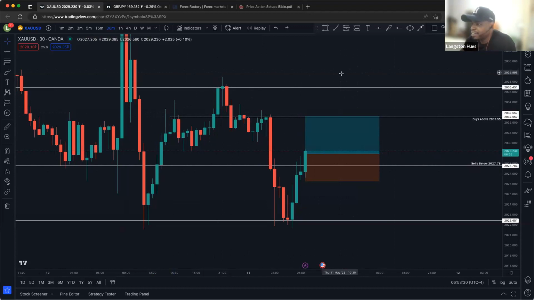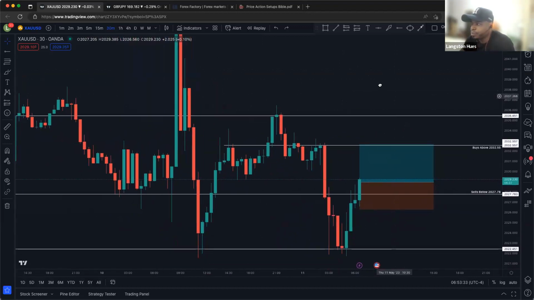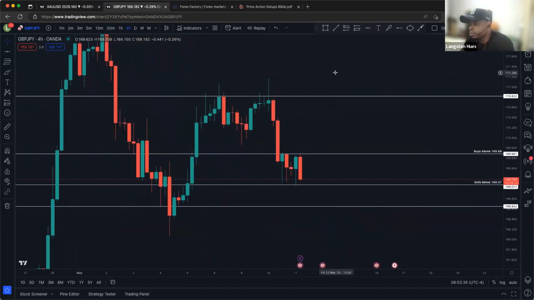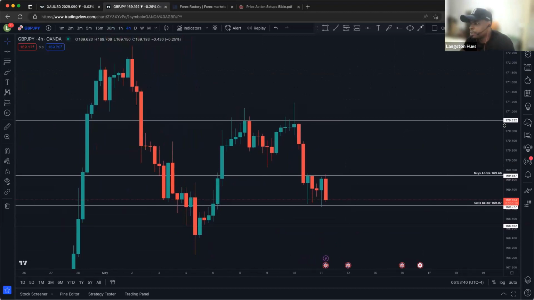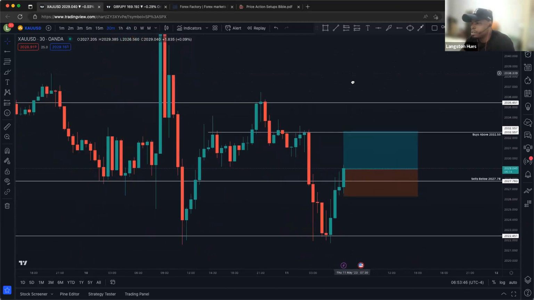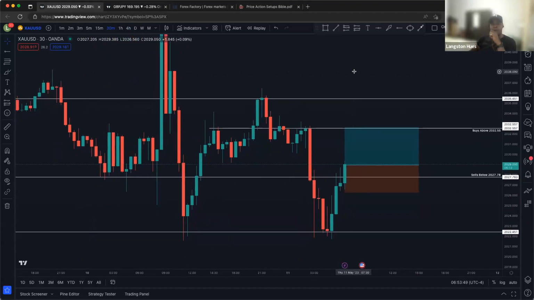It should just push through. Ideally, it might be good for us to just wait for news to occur before we look for any positions, honestly. Because when that news candle comes, it's gonna just rocket. But news is still like an hour and a half away, if I'm not mistaken.